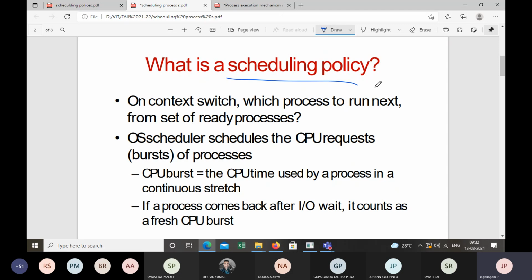Once we decide to make a context switch, which process to run next is decided by the policy of the scheduler.